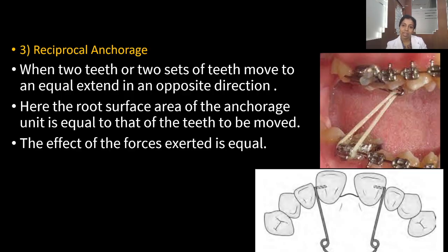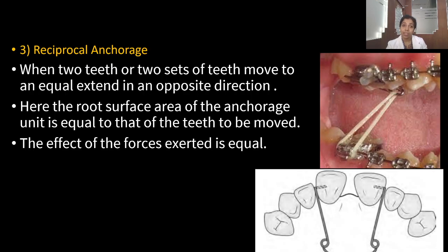So that kind of anchorage is known as reciprocal anchorage, and this reciprocal anchorage can be in any direction, that is, it can occur in the vertical, anteroposterior or transverse direction. So when we are considering the midline diastema closure, actually it is occurring in the transverse plane.